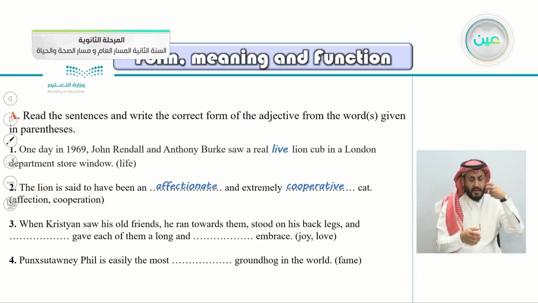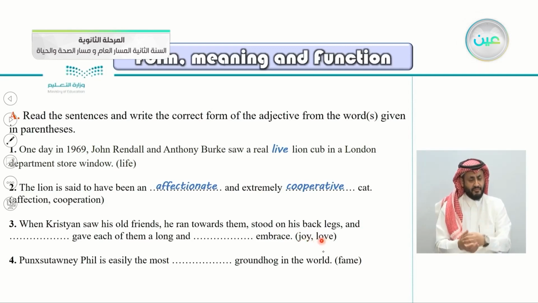When Christian saw his old friends, he ran towards them, stood on his back legs, and joyfully gave each of them a long and loving embrace. So, Christian, the lion of course here, saw his old friends. We have joy and love.